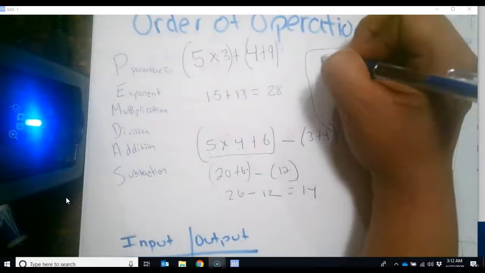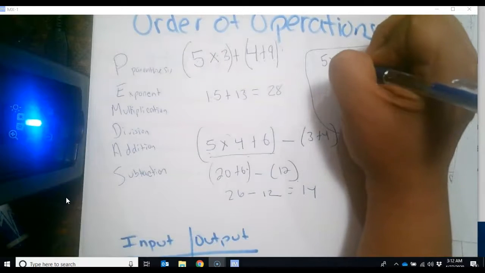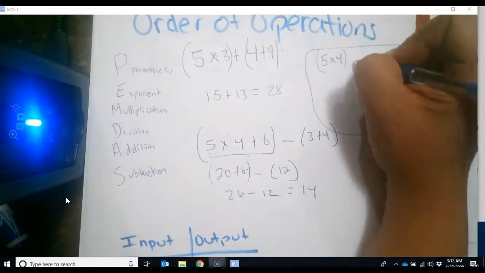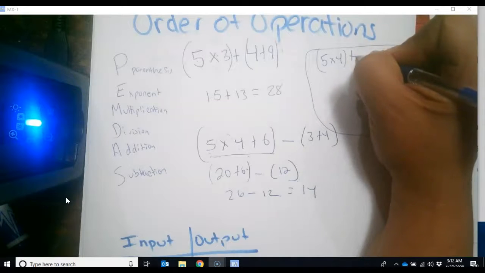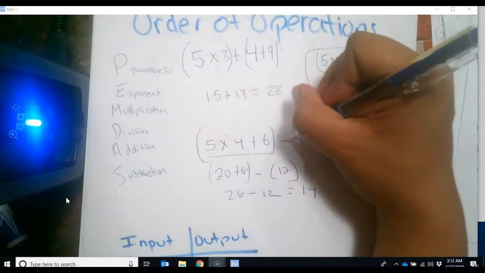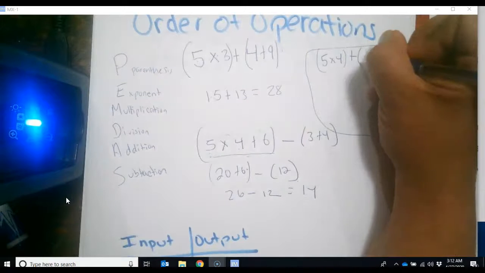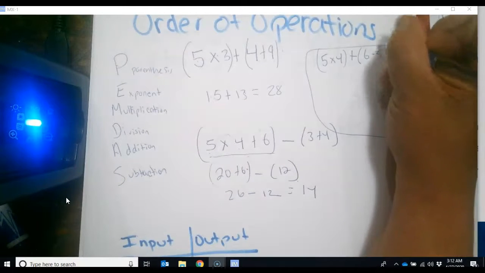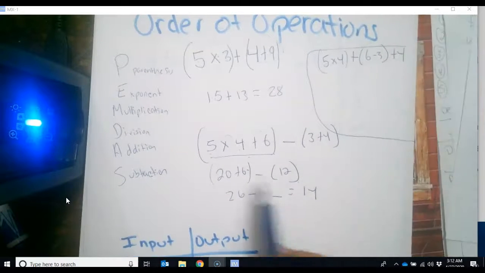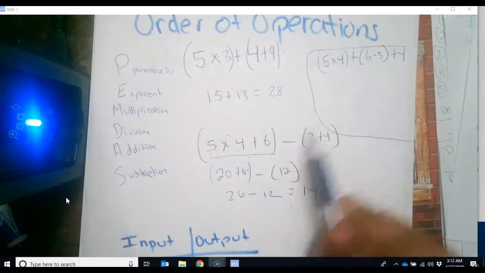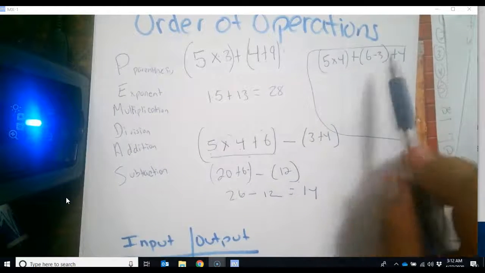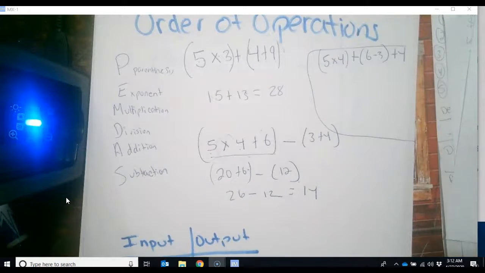What if it was 5 times 4 plus, and then what if I had instead the parentheses here? So it would be 6 minus 3 plus 4. See, my digits are all the same, 5 times 4 plus 6 minus 3 plus 4. I'm just putting the parentheses in different places.